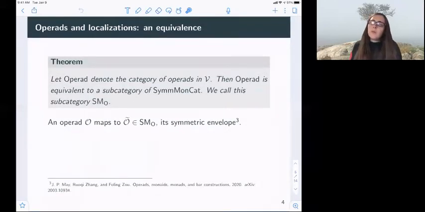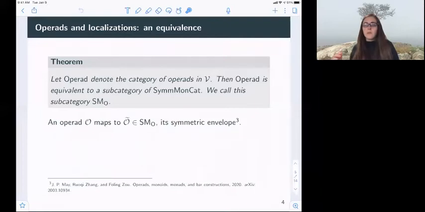So in order to study that question, I've first proved that there's an equivalence between the category of operads and a subcategory of symmetric monoidal categories. So I generally am thinking about operads in either sets or simplicial sets, but we can also do this in other appropriate categories. And we call this subcategory of symmetric monoidal categories SMO.